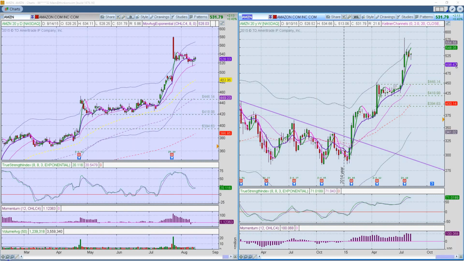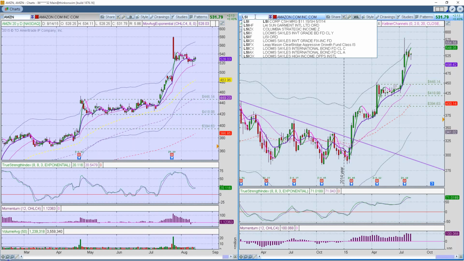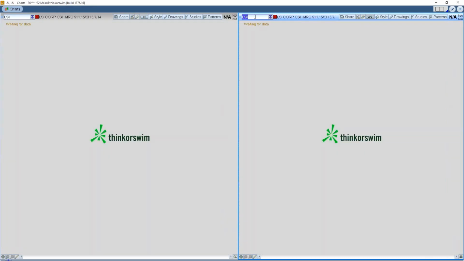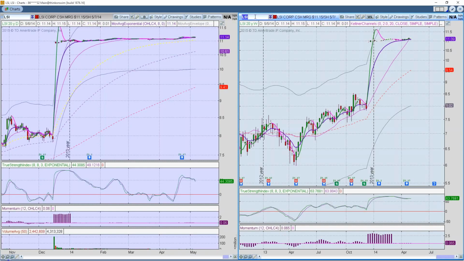Okay. What else we got? Tracy, LSI. Did you mean LSI? Because it looked like, if anything, LSI looks like somebody's bought it, and they bought it for about 11 bucks a share.